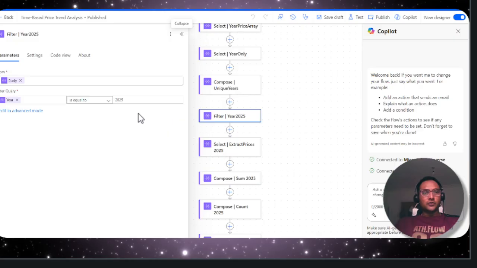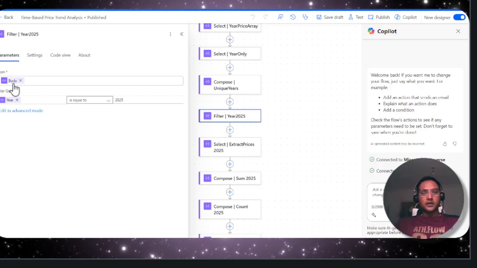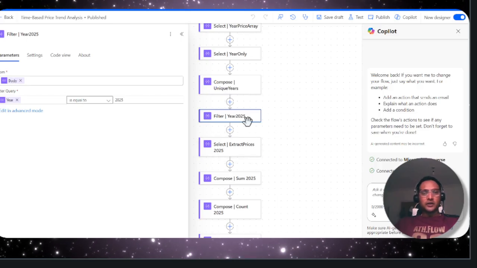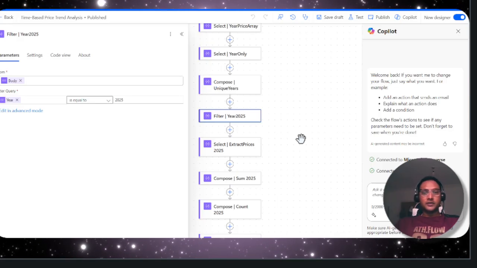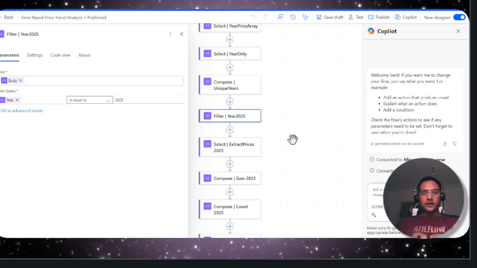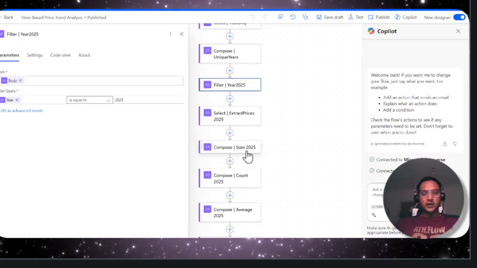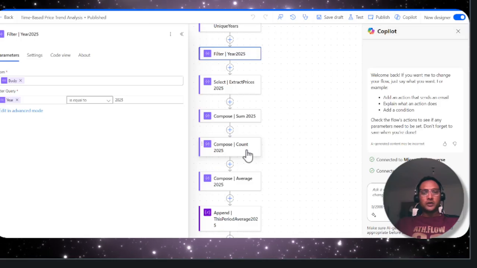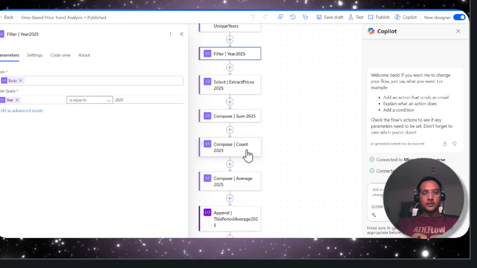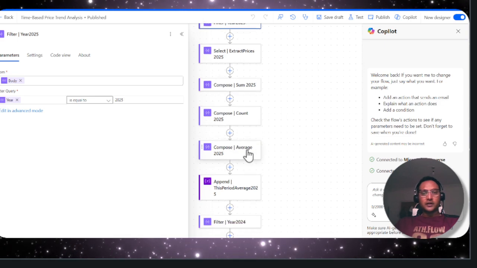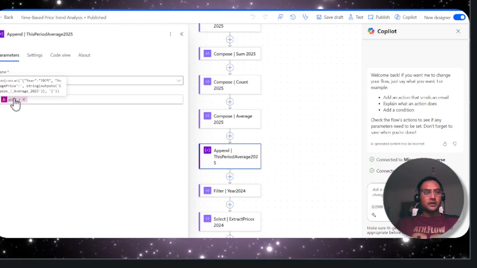For 2025, I'm considering that year and passing this particular input. You can do it weekly or monthly, but I've considered 5 years of data here, extracting the price for that year, summing it up, counting how many records exist for that year, and taking the average. I'm using this particular action, average price year.